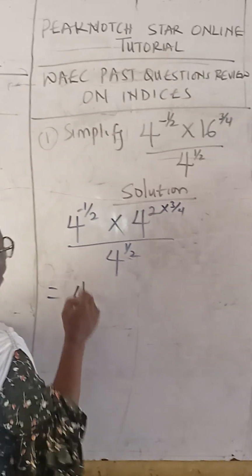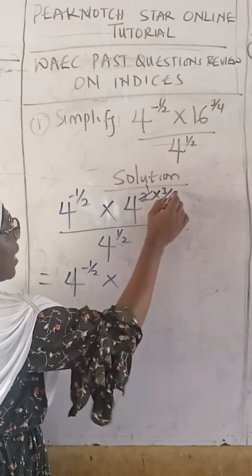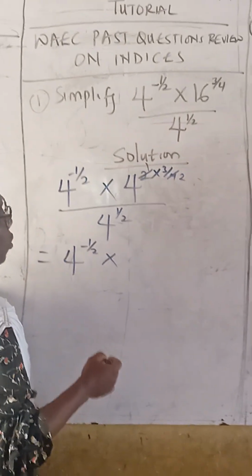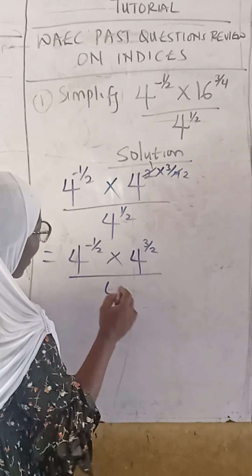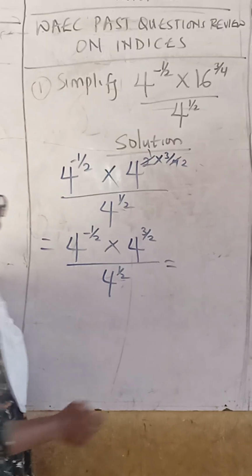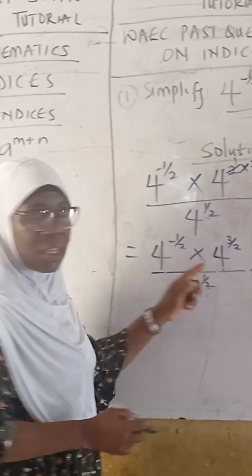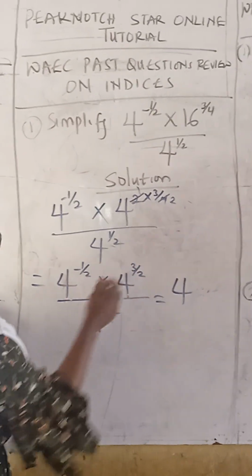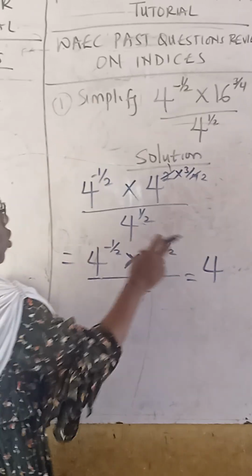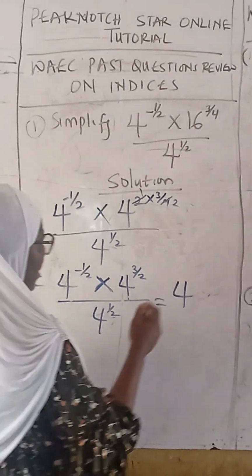So this is 4 raised to power minus half times 4 raised to power 3 over 2, since 2 times 3 over 4 is 3 over 2. Now, 4 is common. Using law of indices, bring out the common 4. What's the power? And what do we have here? Times. It means we add the powers.